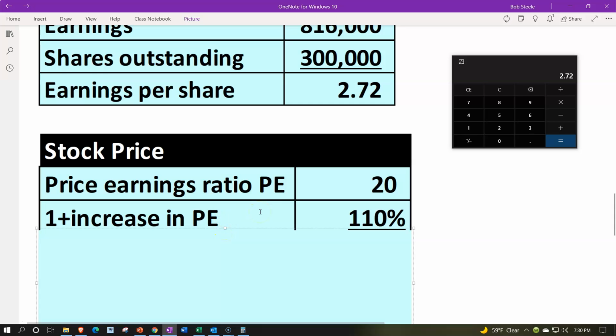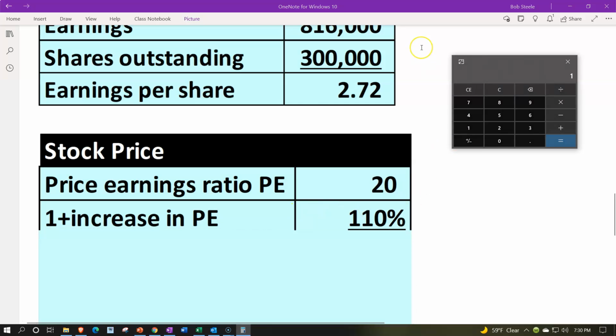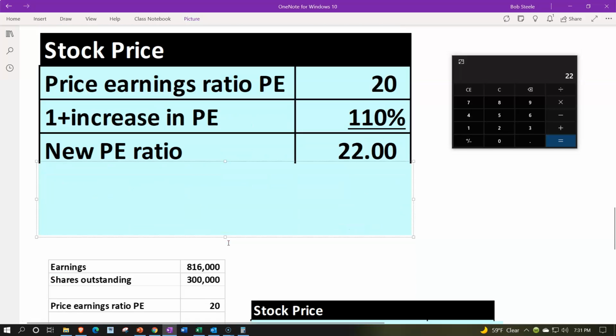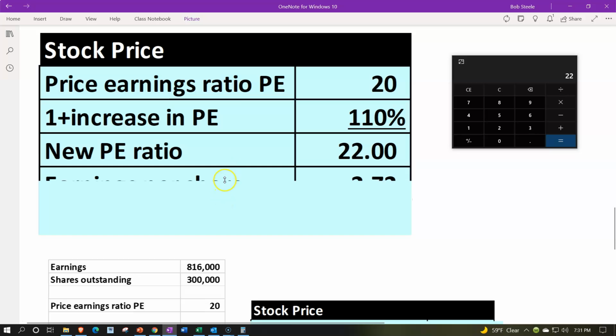They may not always like dividends, depending on the company itself, but a lot of times the owners like when you give them money from the company in the form of dividends. So we're going to say it's going to increase by 10%. So we take 1 plus 0.1, or 1.1, times the 20, increasing that 20 by 10% to a new PE ratio of 22.